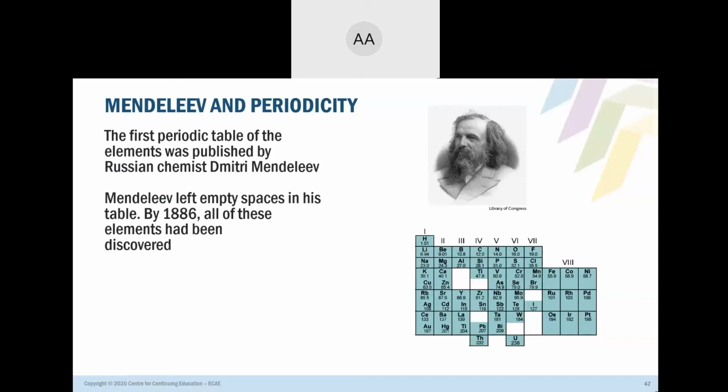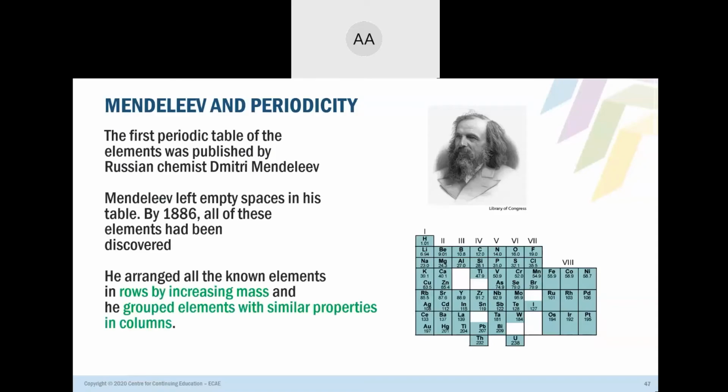They did get discovered by 1886, and what Mendeleev did was he started to arrange all the known elements in rows by increasing mass. So we now know that increasing mass is directly related to the number of protons in the nucleus. And then he started to group elements with similar properties into columns.